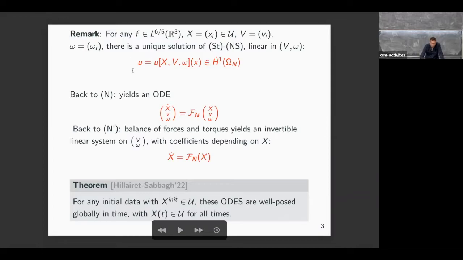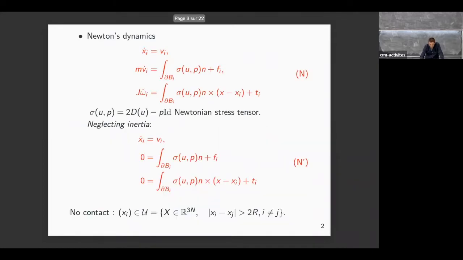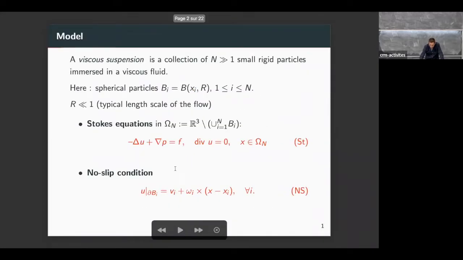And you get a solution U, say in H1 or homogeneous H1, which will be a functional, of course, of this capital X, which is the set of xi's, this capital V and this omega. And moreover, if you remember the no-slip condition that was there, it's linear in V, omega.